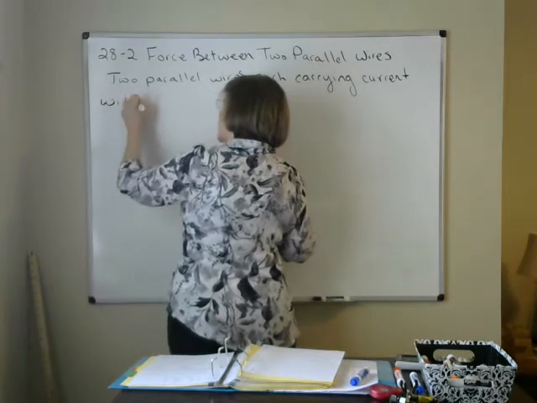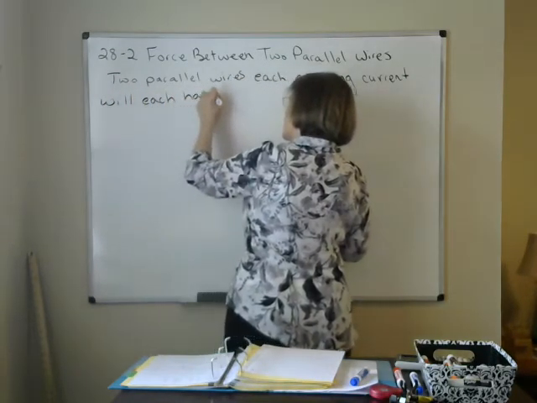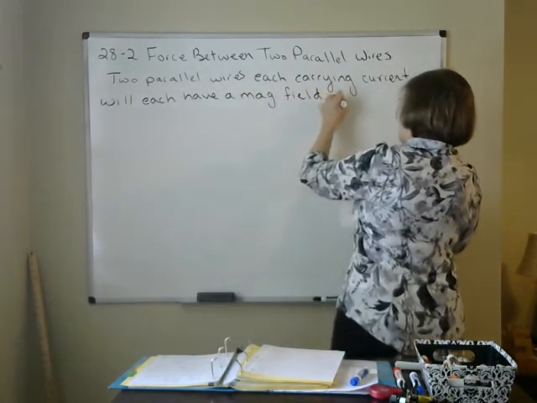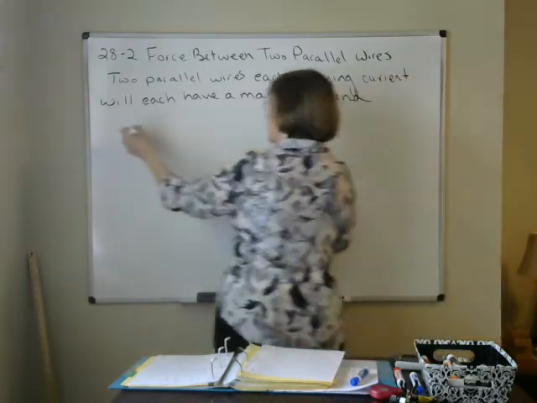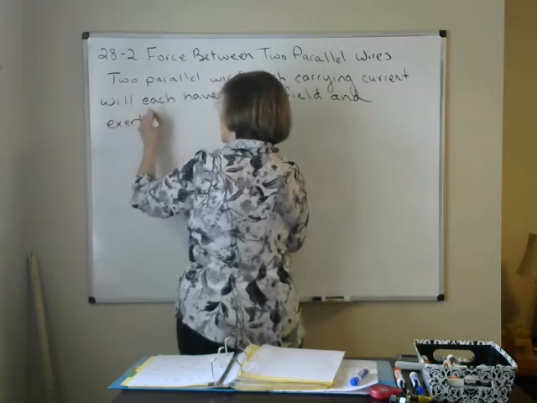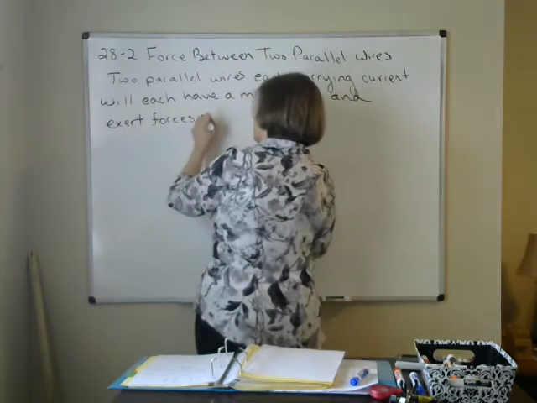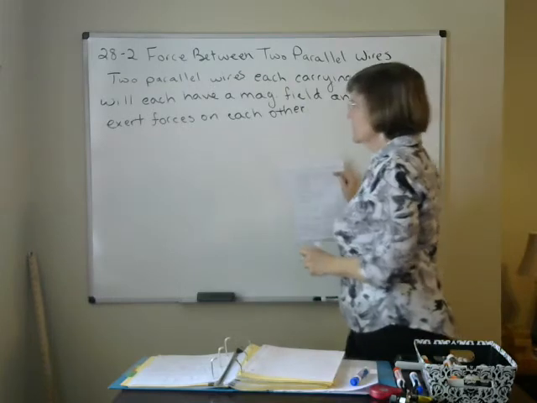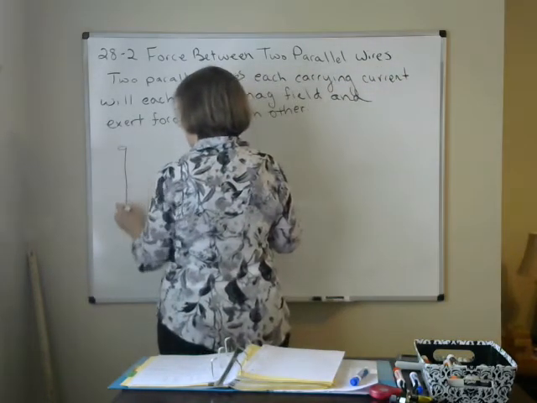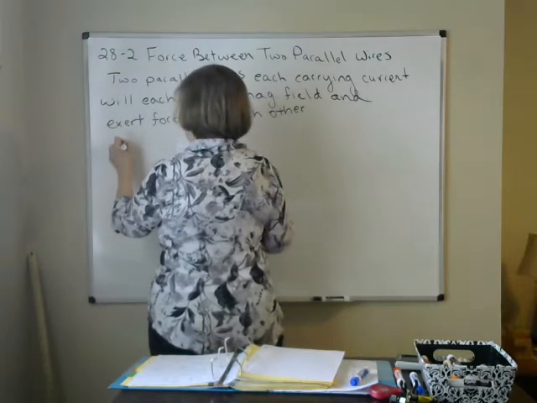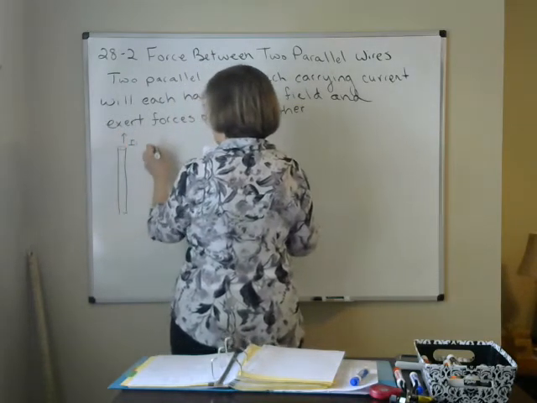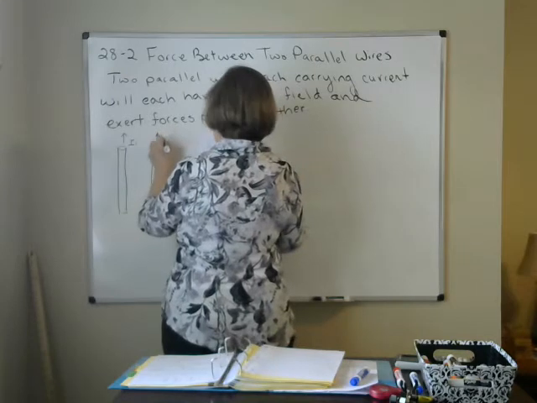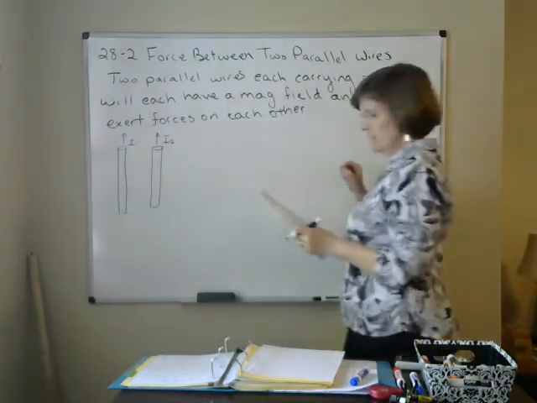Each will have a magnetic field and therefore exert forces on each other. So if I have one wire with I1 going this way, and right next to it I have another wire with I2 going this way, I know they're going to have forces.